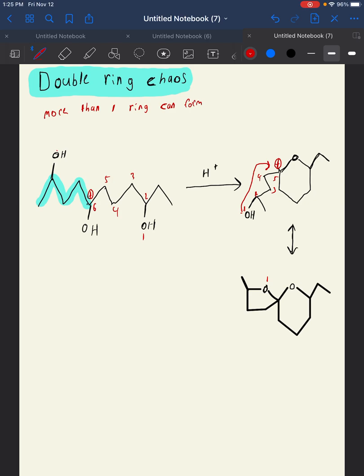I actually numbered this the wrong way. This should actually be on the 5th position. And then that is your product.